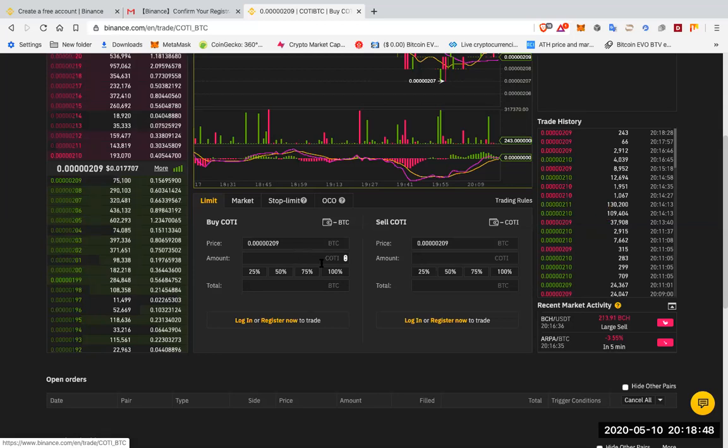Do I want to use the whole amount, 100%, to buy my coins, or am I going to use maybe 20% of my fund, maybe 50% of the BTC I have, maybe 75%, or 100% of the BTC I have?